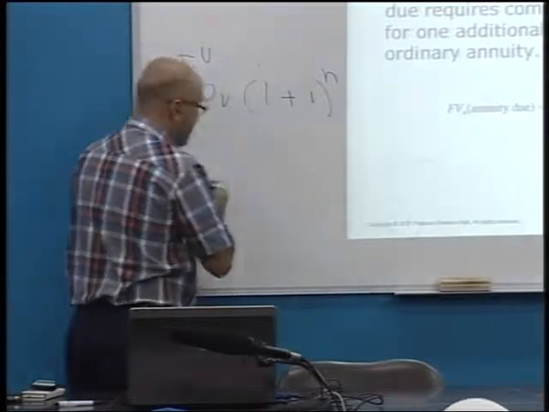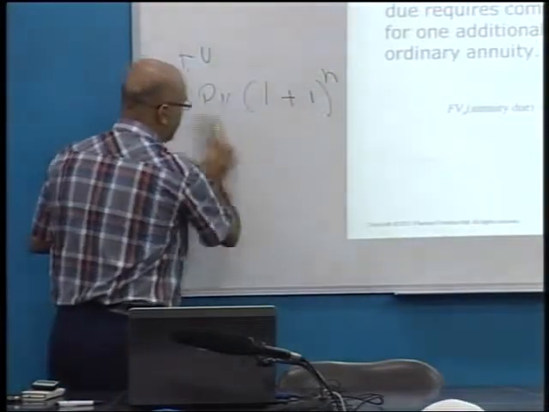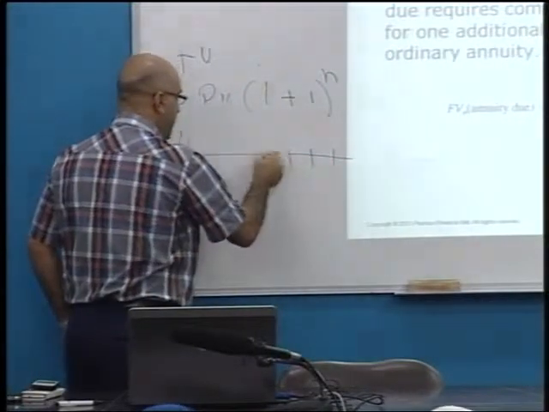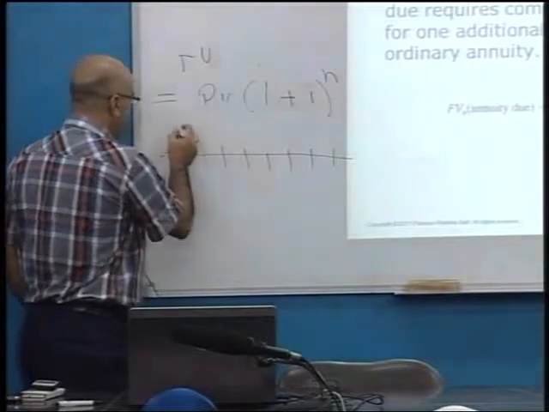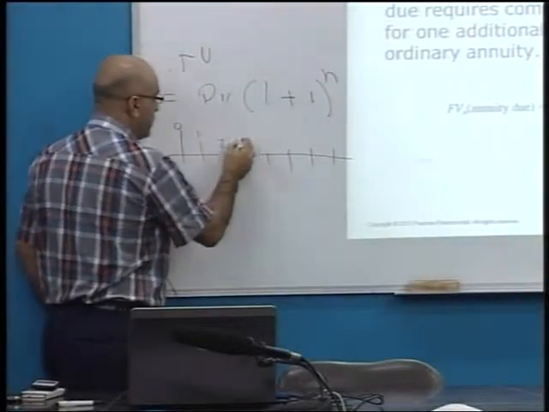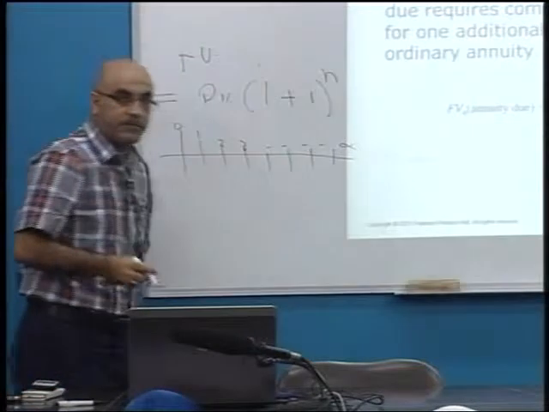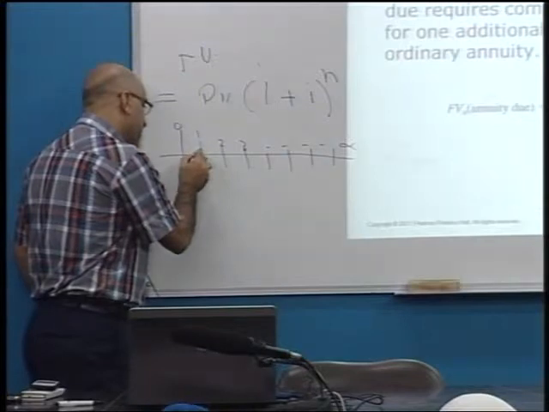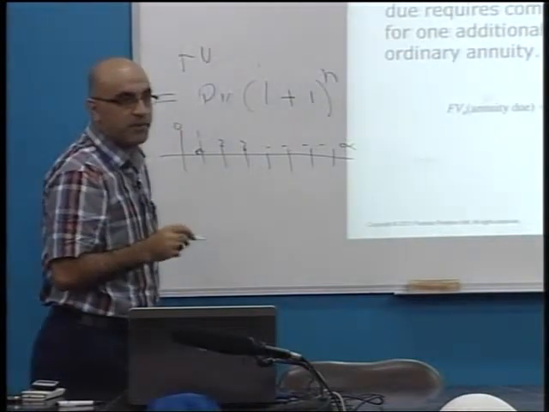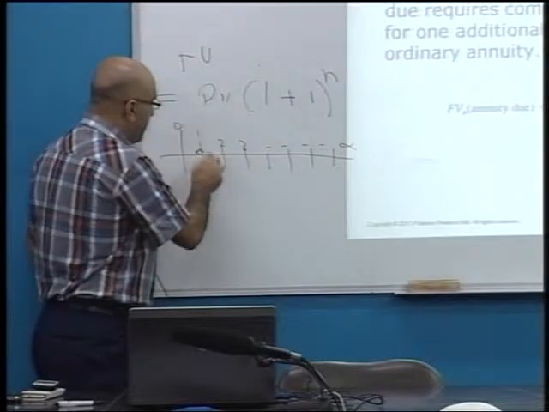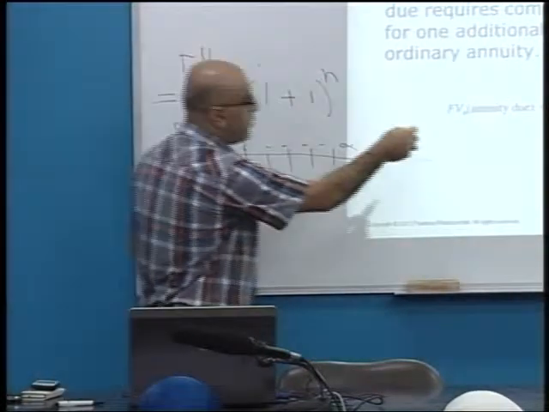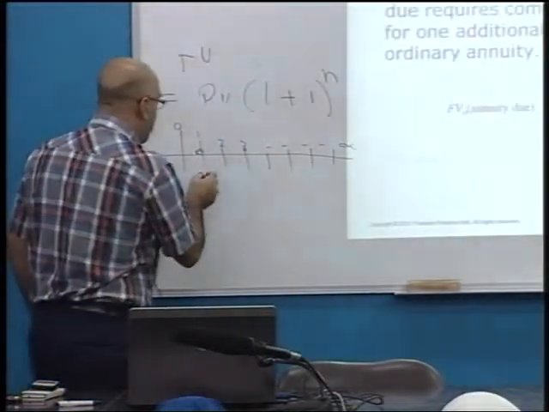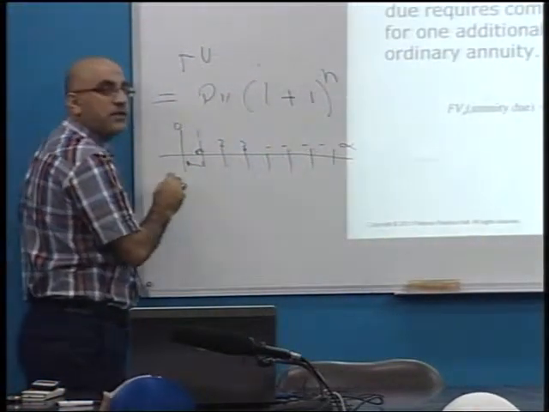Look at this stream. Consider this case here. This starts at 0, then 1, 2, 3, up to n. For the ordinary annuity, as we said, it starts from the end of the period, so we multiply by 1 plus I raised to the power n. But for the due, we have this extra period of time.